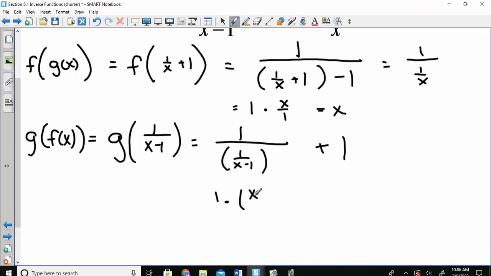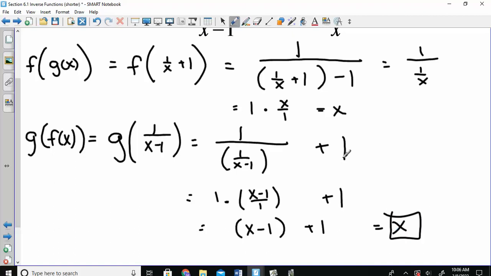So 1 times x minus 1 over 1. So I get x minus 1 plus 1, which is x. So both of these came out to equal x, which means they are inverses.